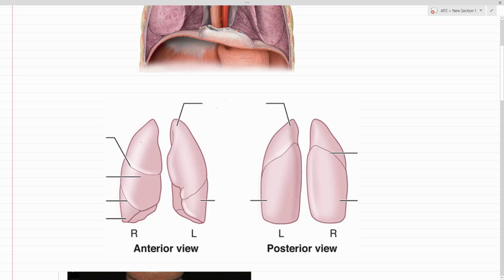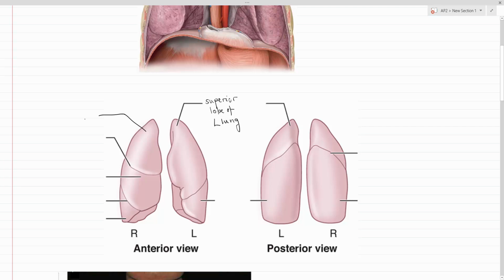So as you can see, the right lung has 3 lobes, labeled as the superior lobe of the right lung. Then, sorry, this is the left lung, and this is the superior lobe of the left lung.